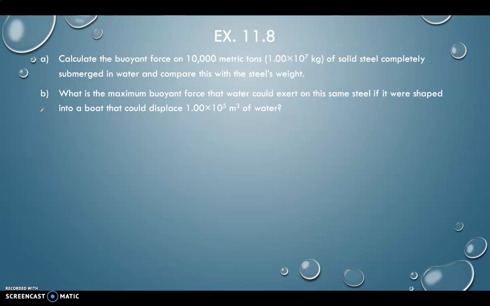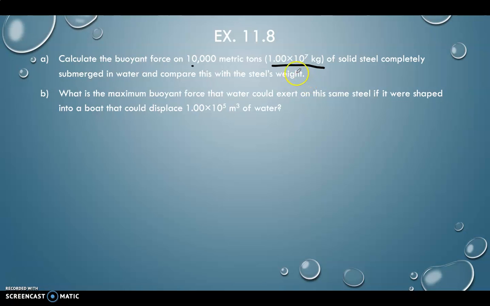The first part of this question is to calculate the buoyant force on 10,000 metric tons, or 1 times 10 to the 7th kilograms, of solid steel, which is completely submerged in water, and compare it with the steel's weight.